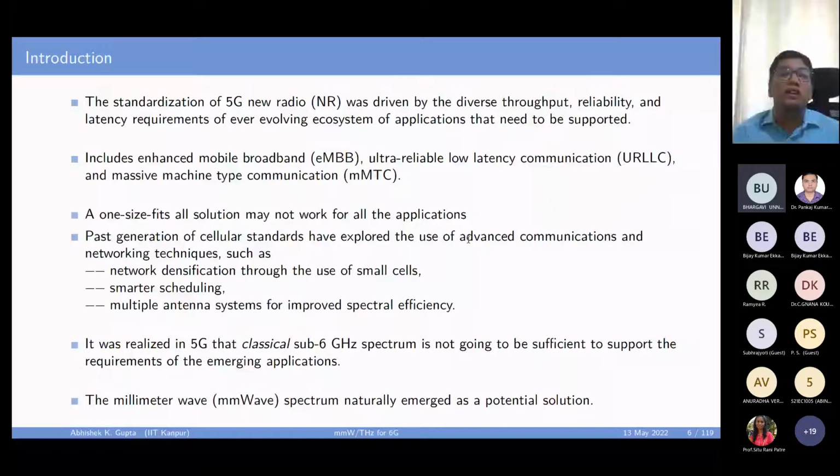But one thing was realized in 5G: just using the classical sub-gigahertz spectrum and trying to improve it with various techniques is not going to be sufficient to support the requirements of these emerging applications. We have to do something new, and we need a very different solution.